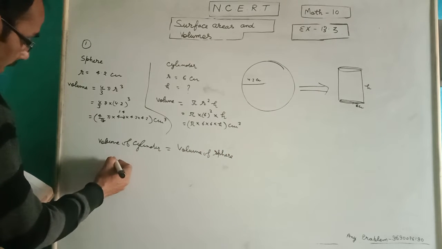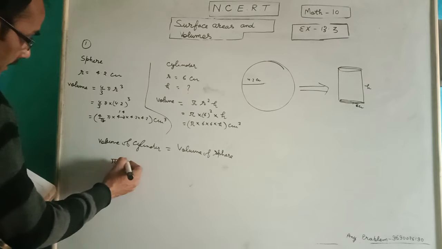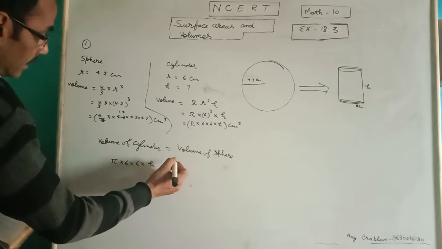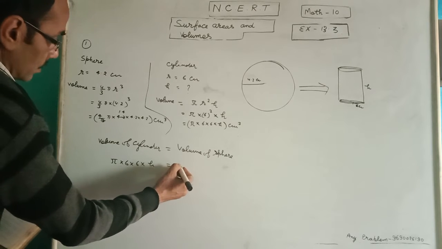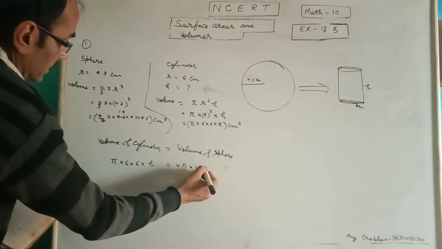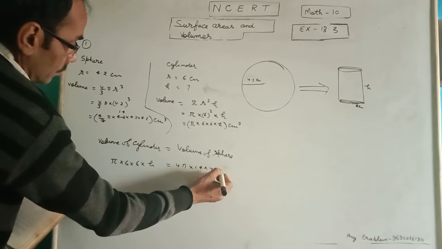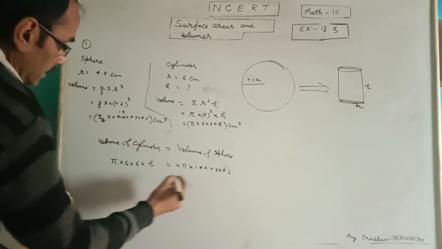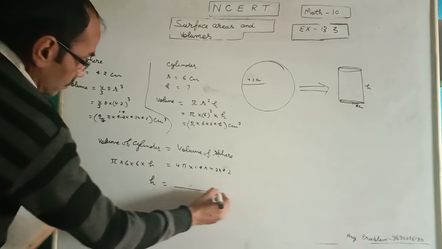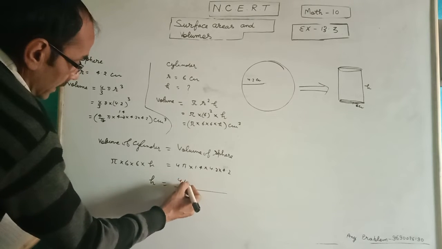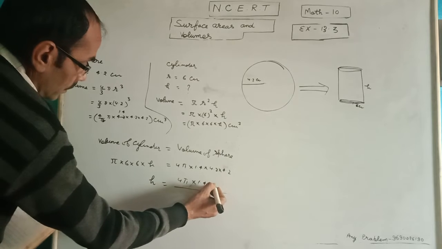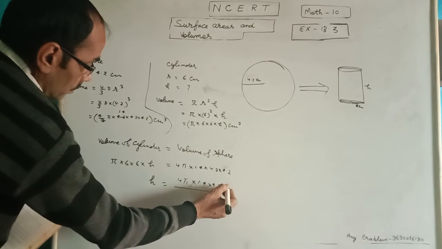We find pi into 6 into 6 into h is equal to 4 pi into 1.4 into 4.2 into 4.2. Find the value of h. H is equal to 4 pi into 1.4 into 4.2 into 4.2.